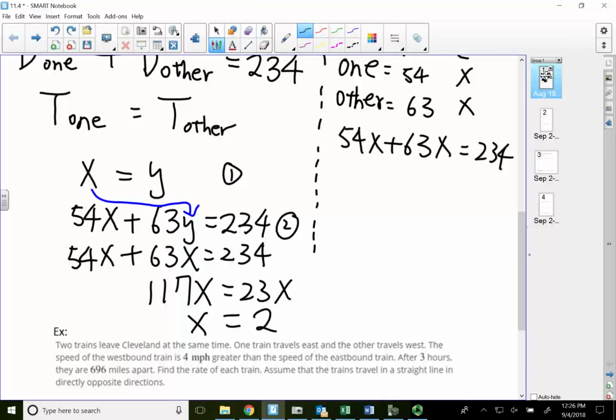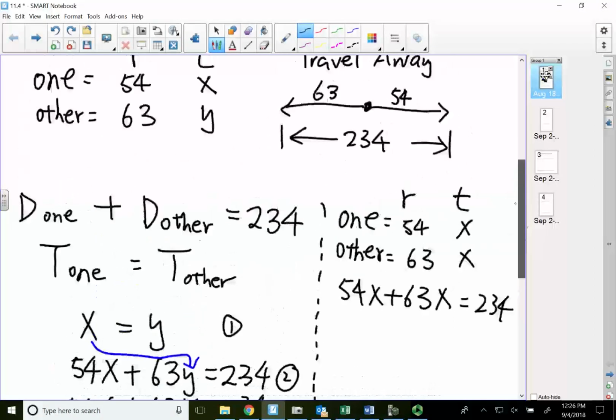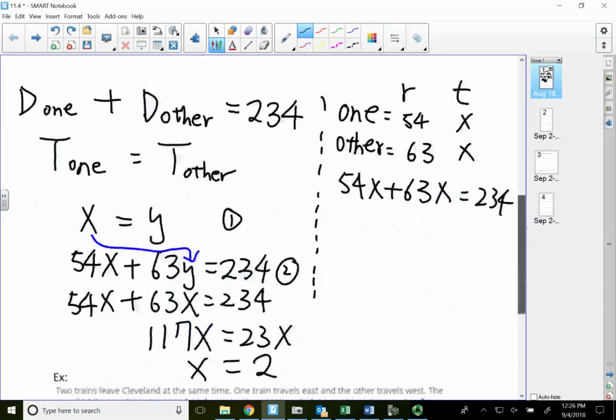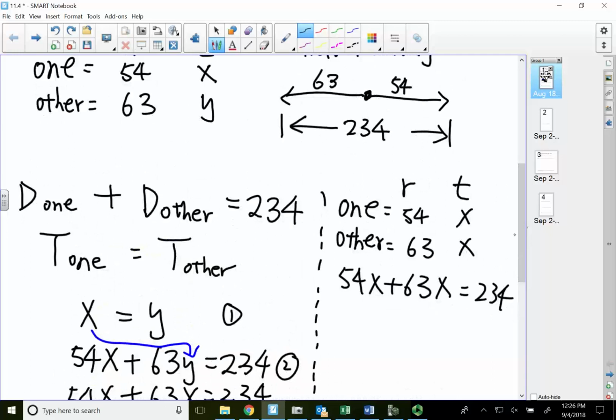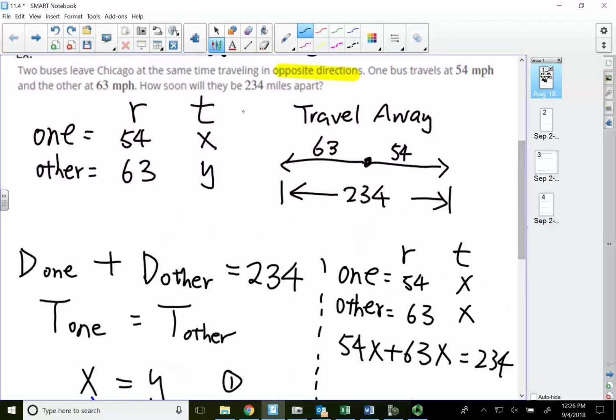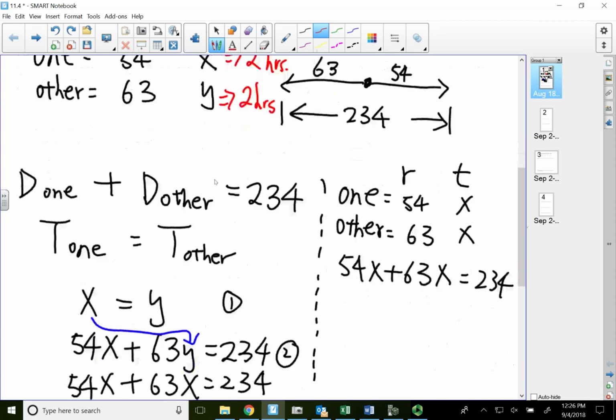So that means after both of them are on the road 2 hours, 2 hours later, they will be 234 miles apart. So since the time's got to be the same, my answer would just be 2 hours. So traveling away from each other, that's the example for this scenario.